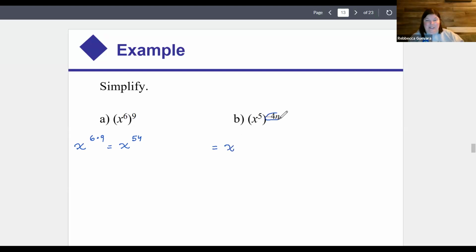This is a power still. You can have variables in your exponents. So that's 5 times negative 4n, which is x to the negative 20n. This is something you'd see when we're talking about exponential equations. A lot of this you're going to see again when we do exponential equations.